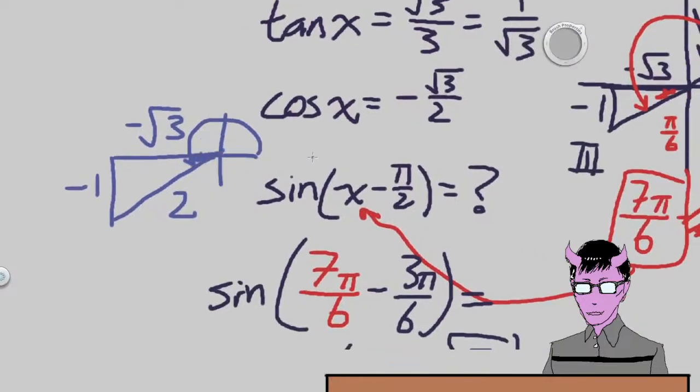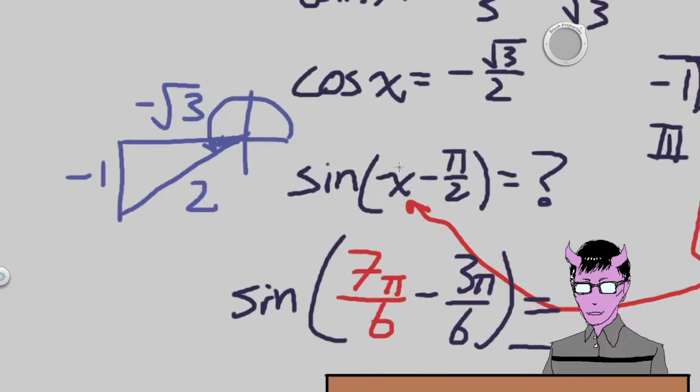But here's the thing, though. If you think about it... Oh, no, this is kind of a bad situation. Maybe I shouldn't have talked about this. Okay, this is not the perfect scenario. It would have been nice if it was pi over 2 minus x. But, you know what? I'm going to ignore it. That's fine. I was going to say if you subtract 90 from something, it takes you to here. But technically, no, because this one gives us a negative situation.